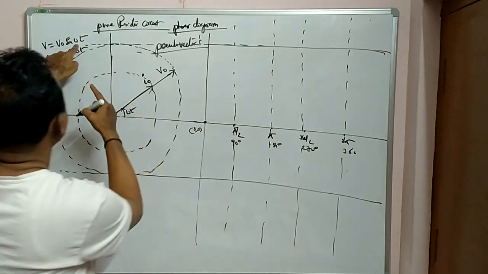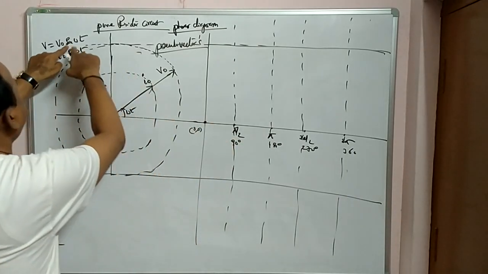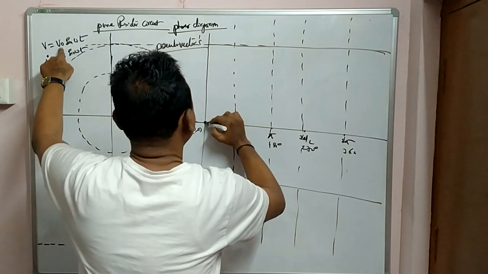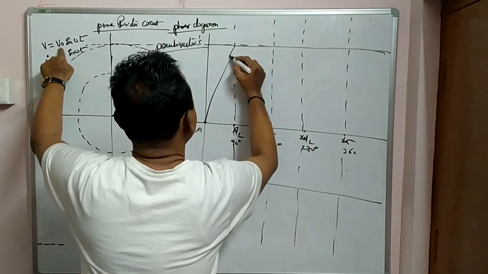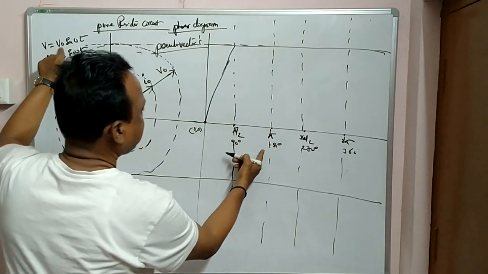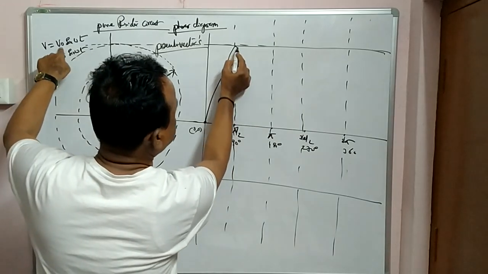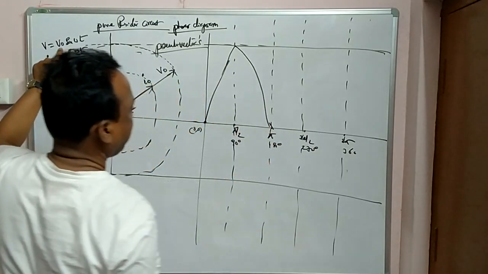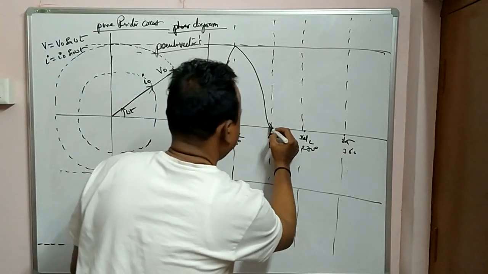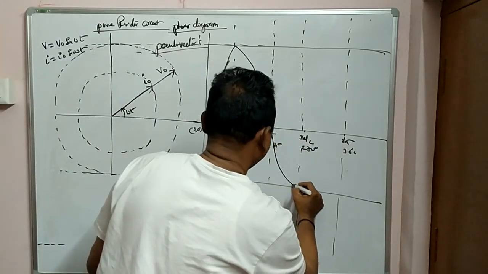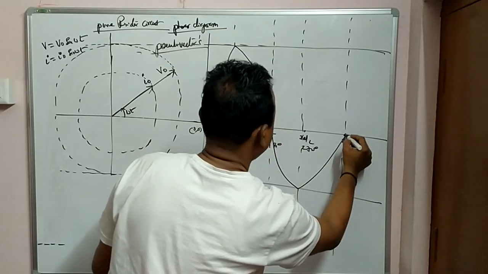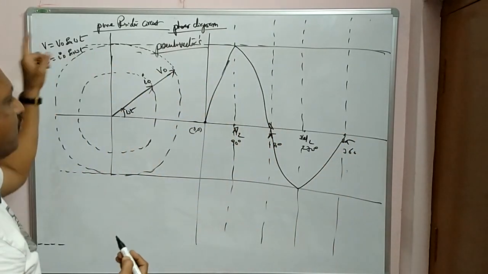Next put 90, sin 90 is 1, the maximum value. Again sin 180 is 0. Next sin 270 is minus 1. Again sin 360 is 0. So this is the graph for voltage.